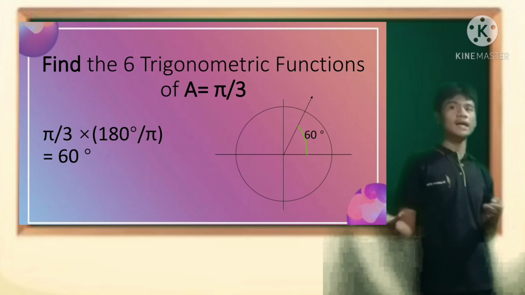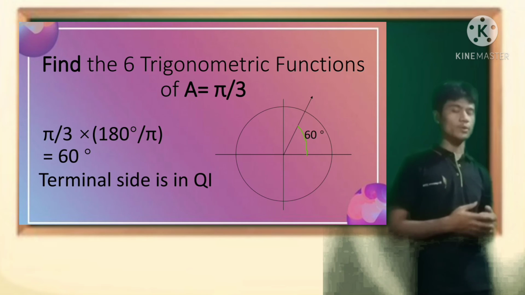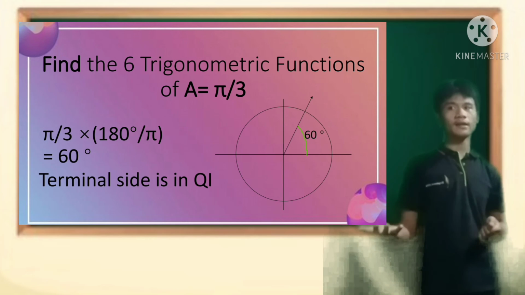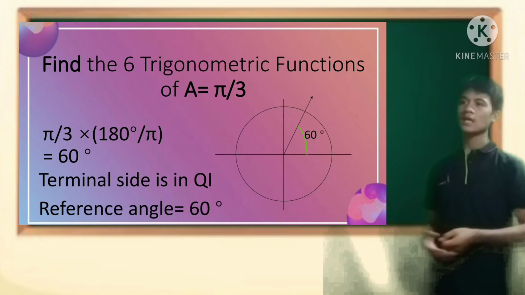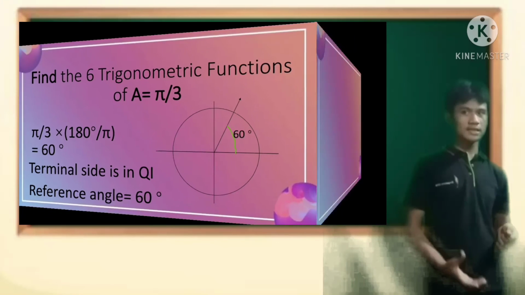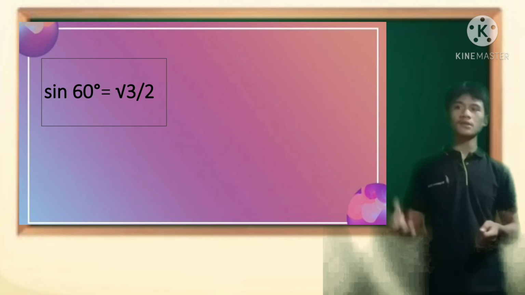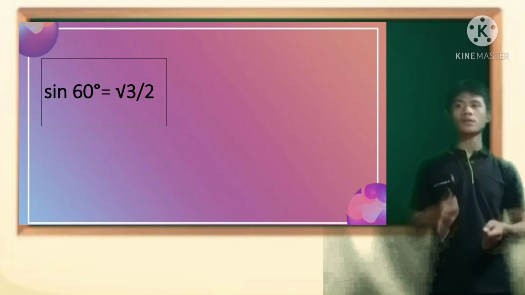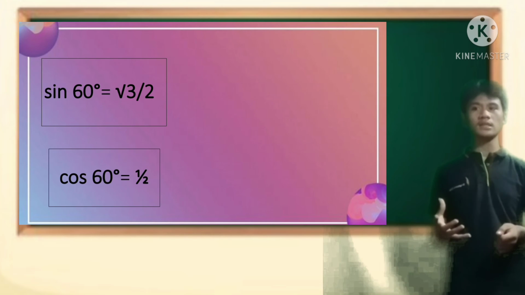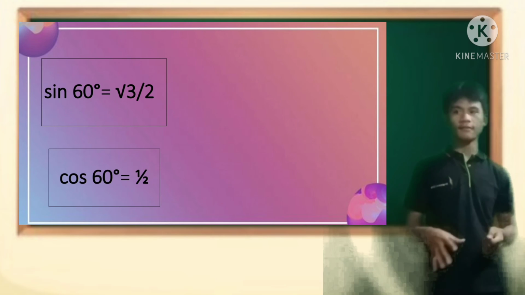The terminal side is here in quadrant 1, and again, the reference angle of 60 degrees is 60 degrees. So sin 60 degrees is equal to square root of 3 over 2, which is our y, and cos 60 degrees is equal to 1/2.